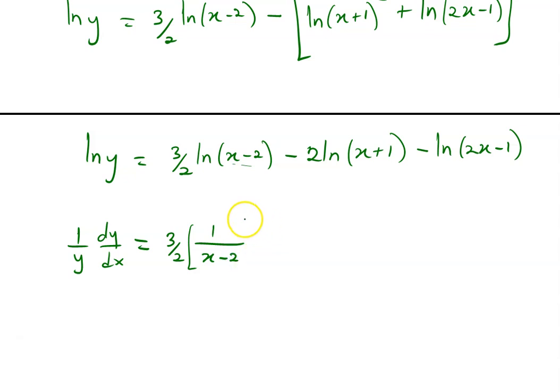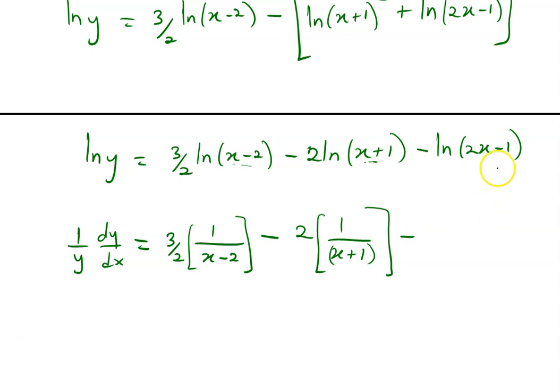We are done with the first one. Minus the second term: differentiating what is inside, we get 1, and 1 multiplied by 2 gives 2, times 1 over (x plus 1). Very good.